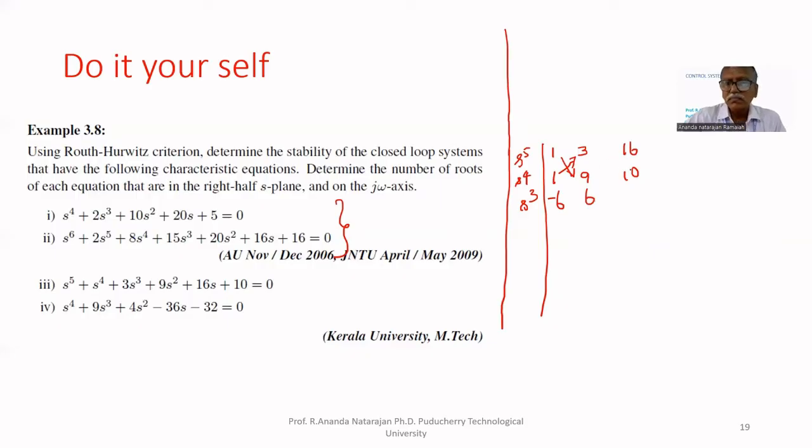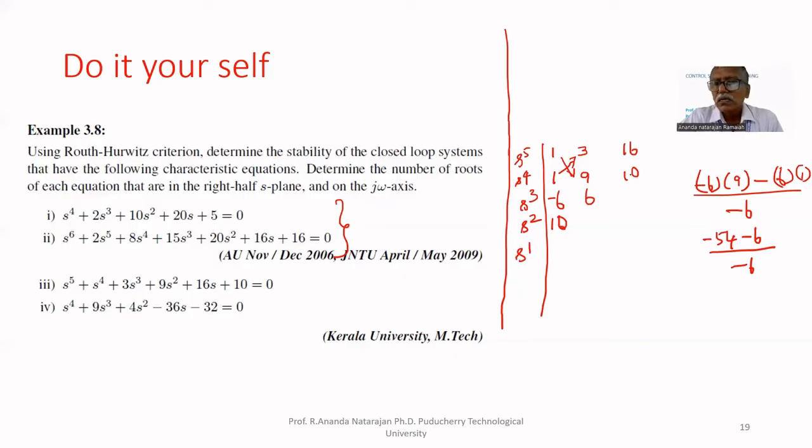So, s square. What will you get? Minus 6 multiplied by 9 minus 6 multiplied by 1 upon minus 6. Minus 54 minus 6 divided by minus 6. Therefore, plus 6, plus 10.